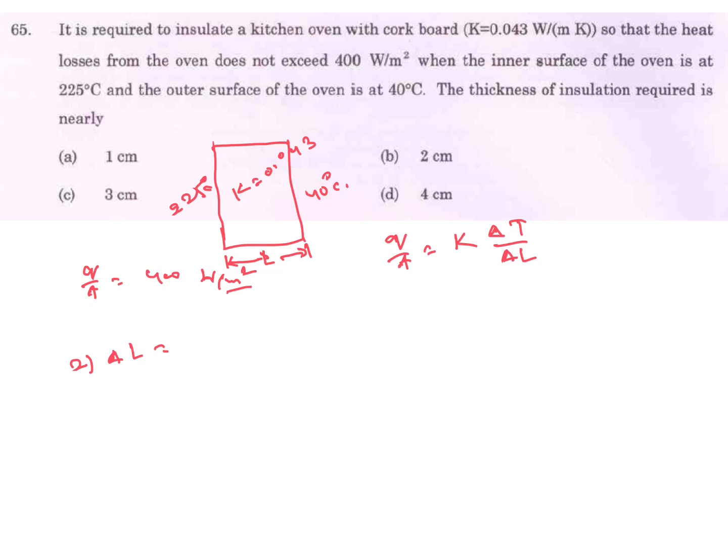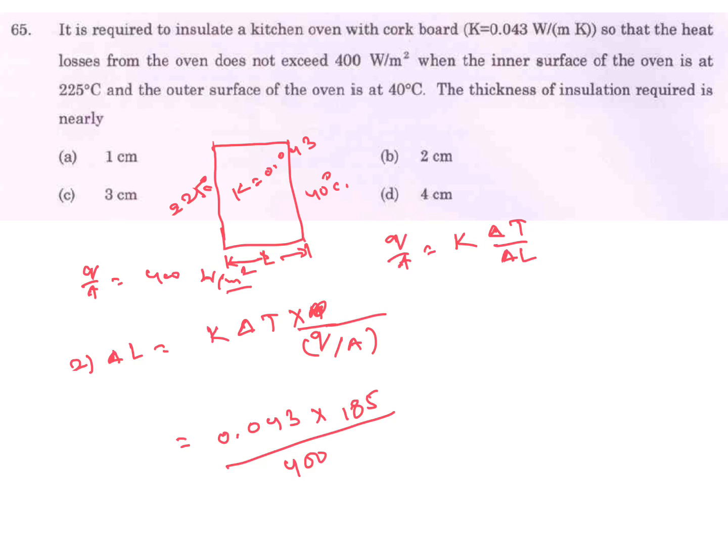Delta L is K delta T into A by Q, or here Q by A. If you take this one, 0.043 into 225 minus 40, it will come 185, divided by Q by A. It's 400.